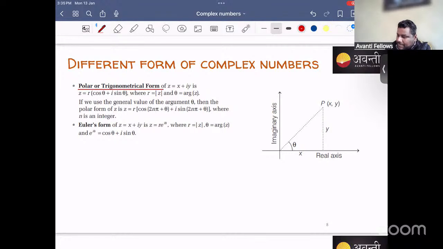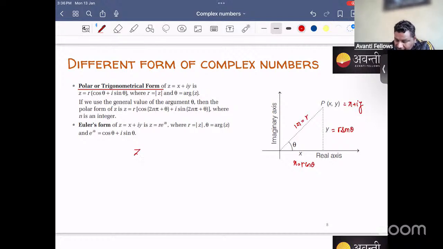Now let us assume this is a complex number x plus iota y. Its magnitude is mod z, say it is r. Now x is r cos theta and y will be r sin theta.